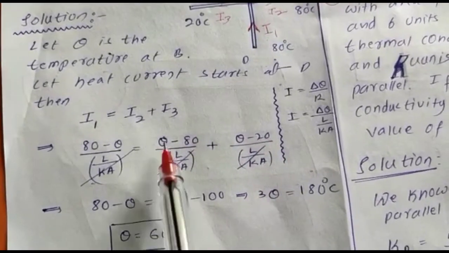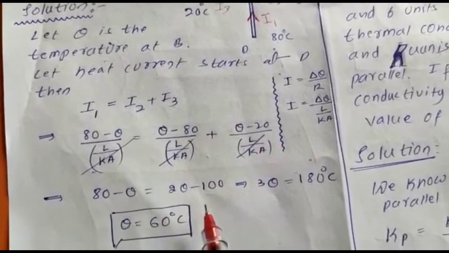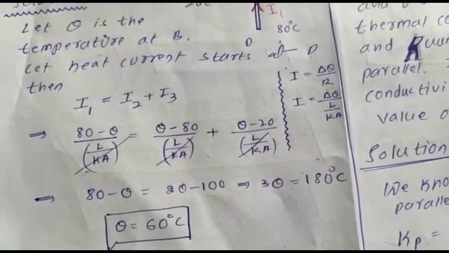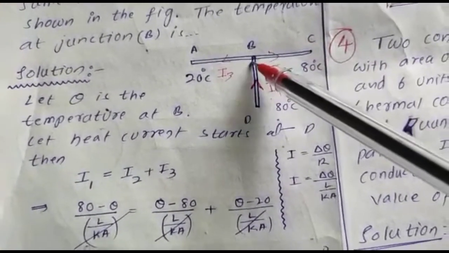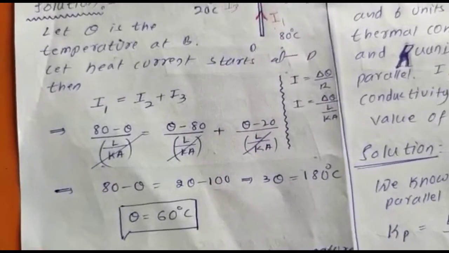Adding these terms, theta plus theta equals 80 plus 20, which gives 100 on simplifying. So the temperature at the junction B is 60 degrees.